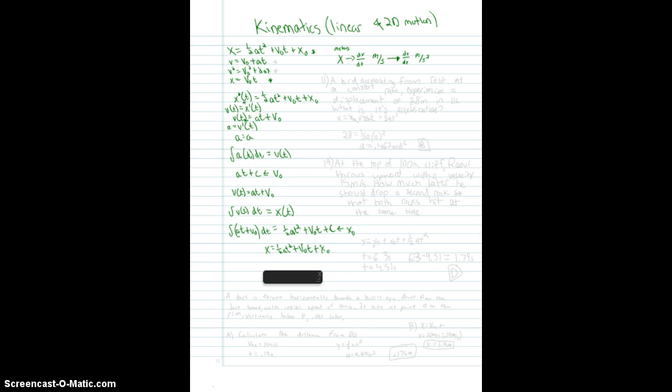The v equals v sub o plus at equation is used to find a velocity, and also the v squared equals v sub o squared plus 2ax equation is used for the velocity, which is this one right here.